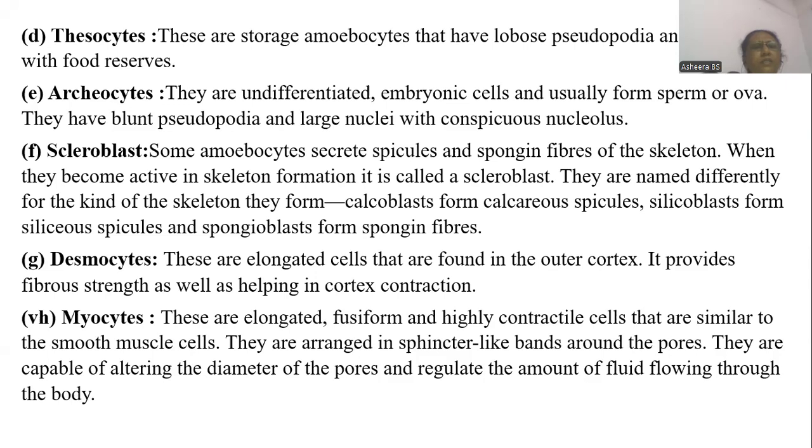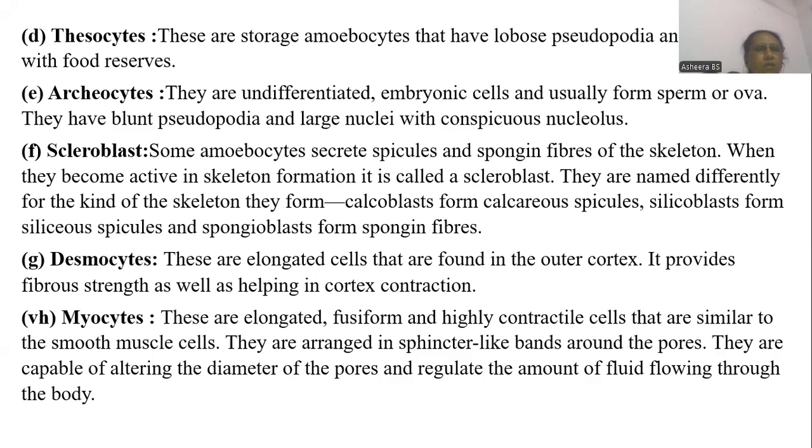And the spongioblasts form the spongin fiber. So calcoblast, silicoblast, and spongioblast are all amoebocytes. These amoebocytes can differentiate themselves into the calcoblast, silicoblast, or spongioblast to secrete the spicules and the spongin fiber.